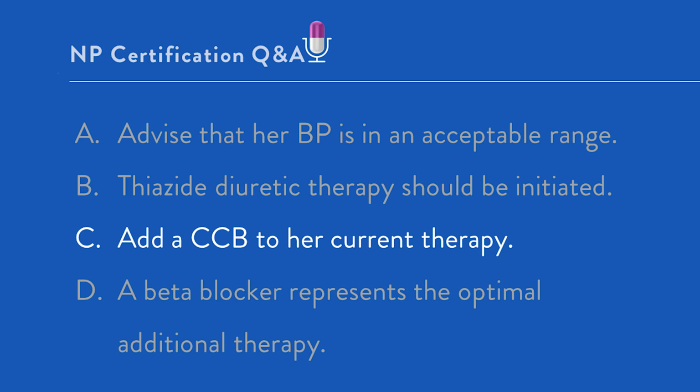And then option D, beta blocker, represents the optimal additional therapy. Given that this med class does not provide significant blood pressure lowering effects compared to the ACE inhibitors, the thiazide diuretics, and the calcium channel blockers, the beta blockers are not among the first-line antihypertensive meds for either starting or for first add-on therapy.